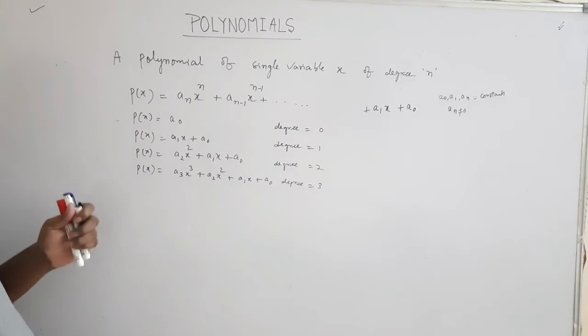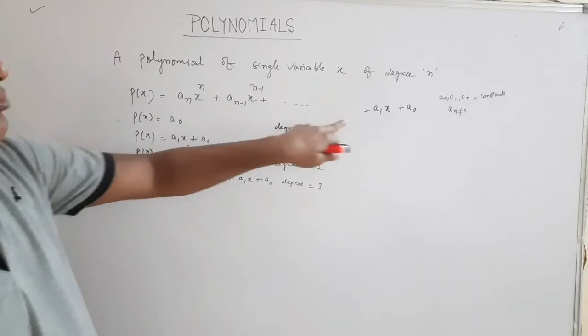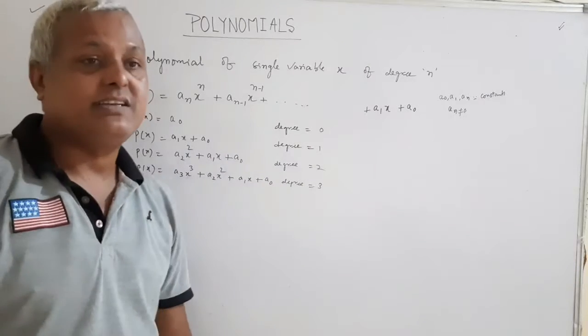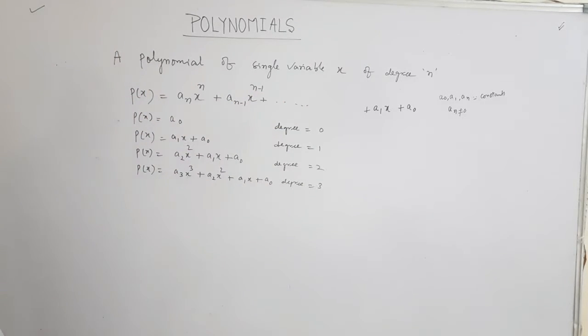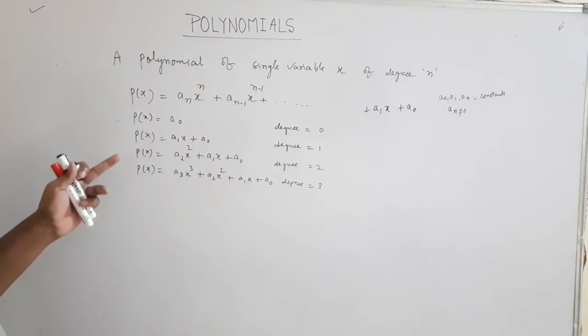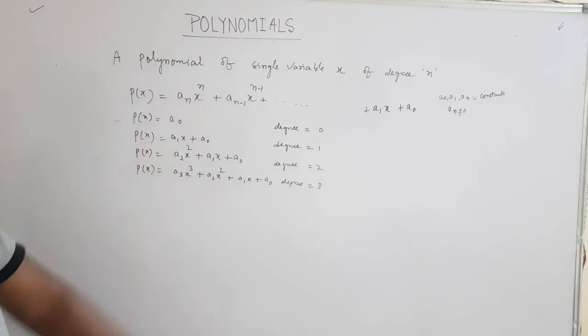And now you know how to find the value of the polynomial. See, an-1, a1, a0, all these are constant values, and x is the only variable involved in these expressions. So if you want to find the value of the polynomial, you have to put in the value of the variable, and then your expression will give you one numerical value.